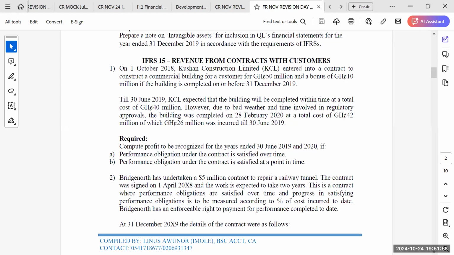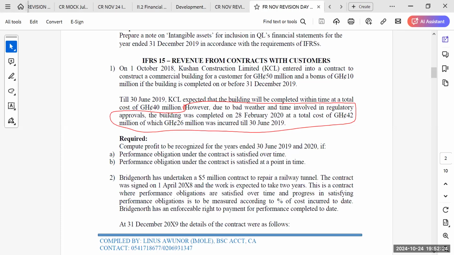But if we are not given any information about the work being completed, then on 30th June 2019, we are going to be recognizing the bonus because we are very certain that the work will be completed. By the end of the issue, there will be a reversal of the consideration from the transaction price.